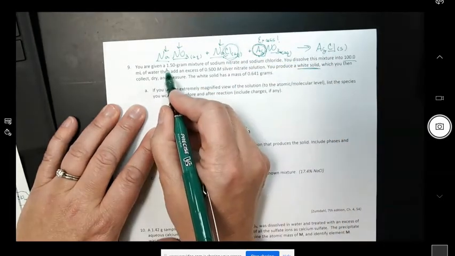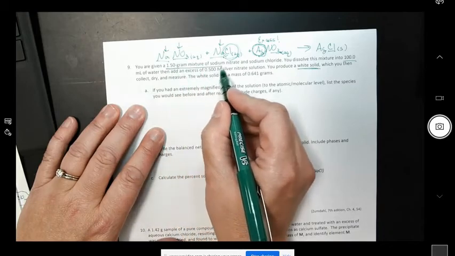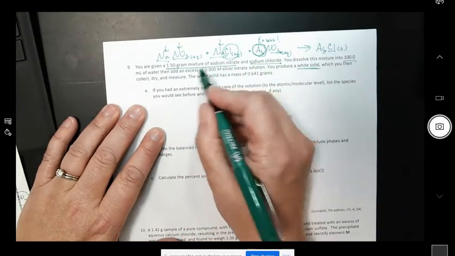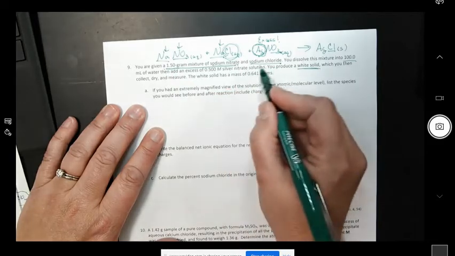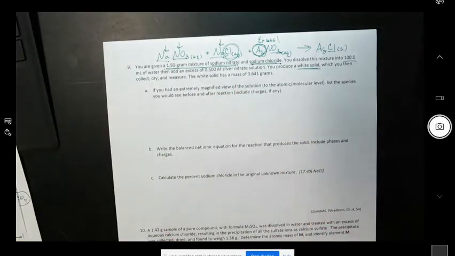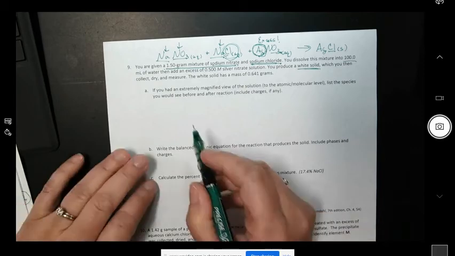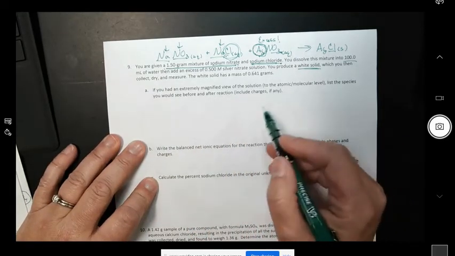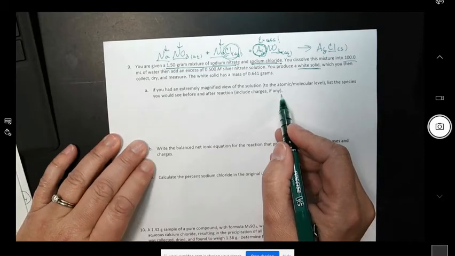Here's the problem. We have a 1.50 gram mixture of sodium nitrate and sodium chloride. We don't know how much of that 1.5 grams was sodium nitrate and how much was sodium chloride. There's the tricky part. That's where they're getting you. So if you had an extremely magnified view of the solution, list the species you would see before and after the reaction.